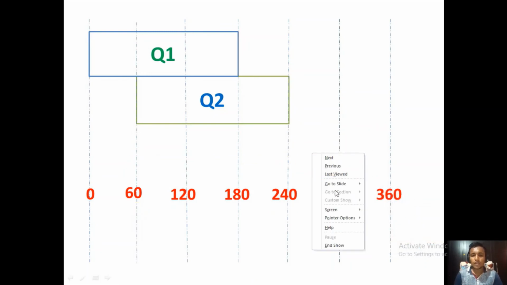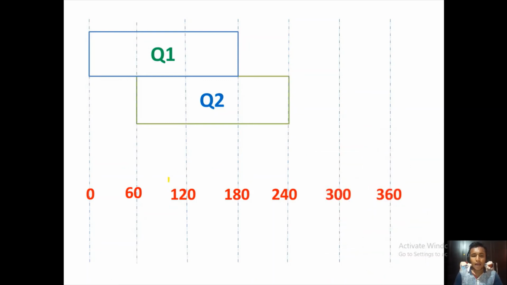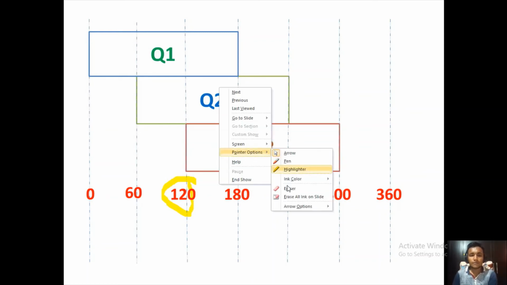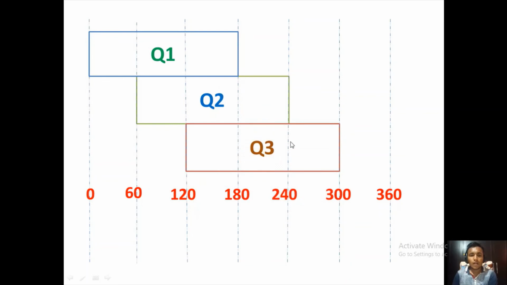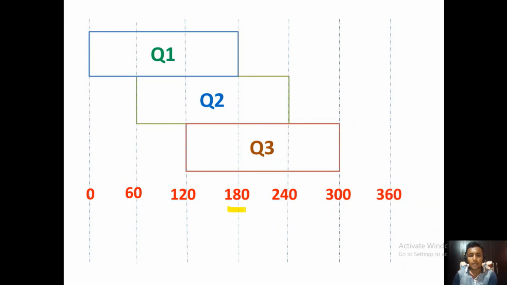Now similarly, Q3 is on at alpha equal to 120 degrees. Then Q4 will be on at alpha equal to 180 degrees and remains on till 360 degrees.